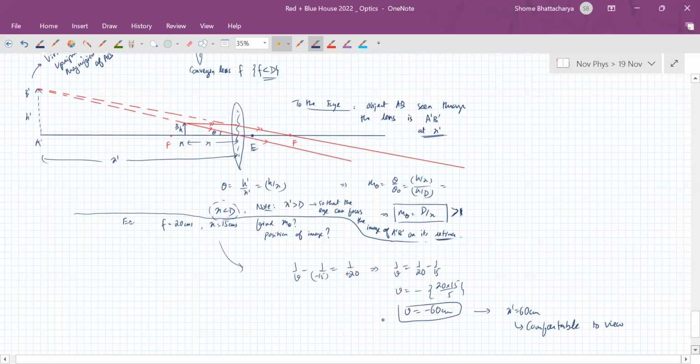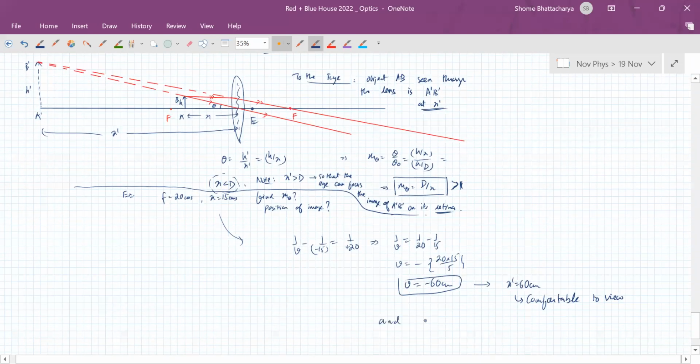But it's also achieving an angular magnification of how much? It is achieving an angular magnification of d by x, so 25 centimeters divided by 15. So almost 2, 1.67, that kind of angular magnification.